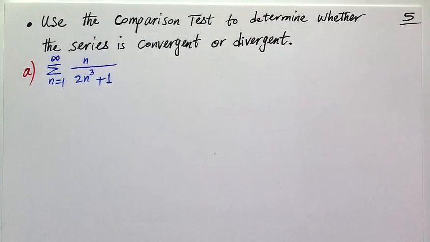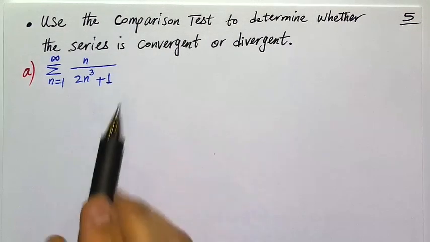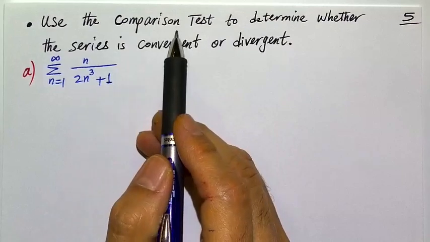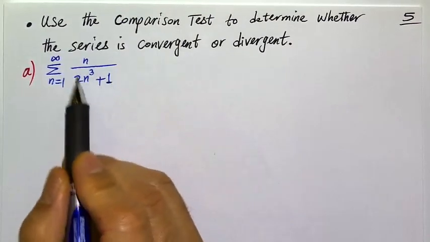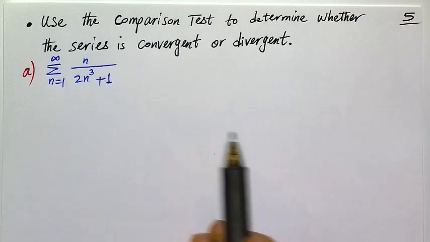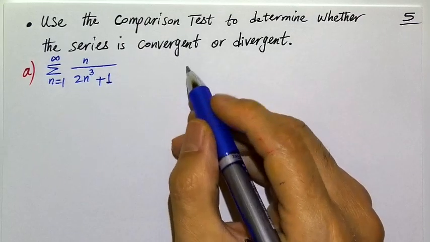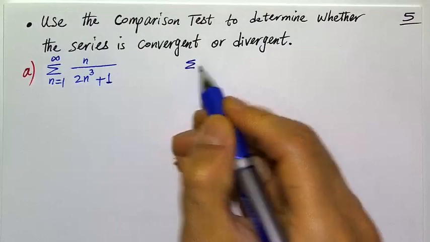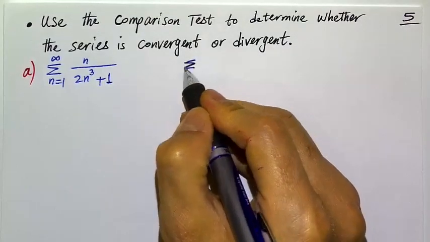This is saying use the comparison test to determine whether the series is convergent or divergent. We begin by noting that the series we're testing is sigma a sub n. Let me write that down.